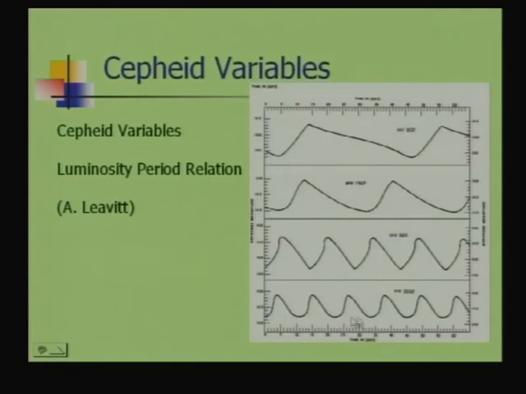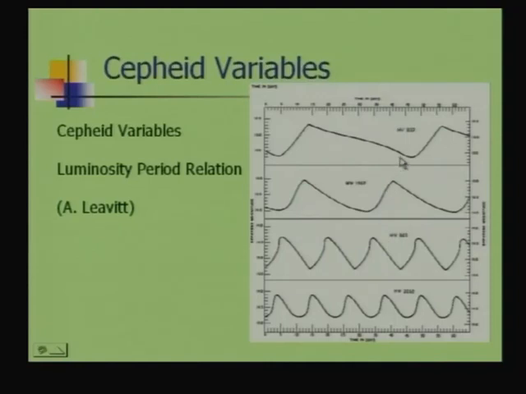This is a Cepheid variable with a short time period. The luminosity changes periodically with time. So there is a period, and this has a larger period, this has an even larger period.